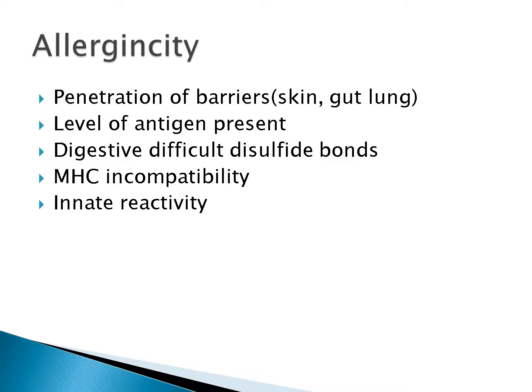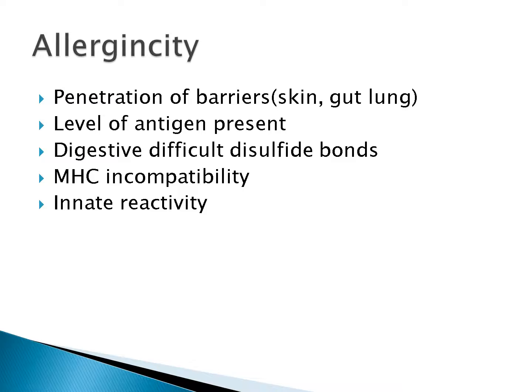Now, again, I said that some proteins have specific molecular compositions which predispose them. One of those molecular compositions is disulfide bonds. Disulfide bonds are one of the strongest interactions that we have in biochemistry. These bonds are very, very strong.